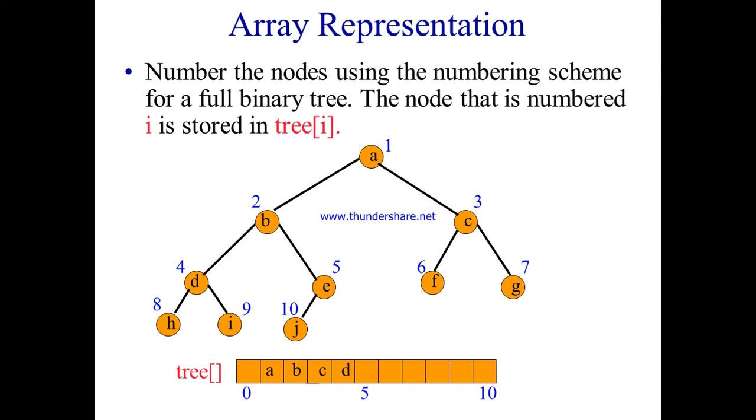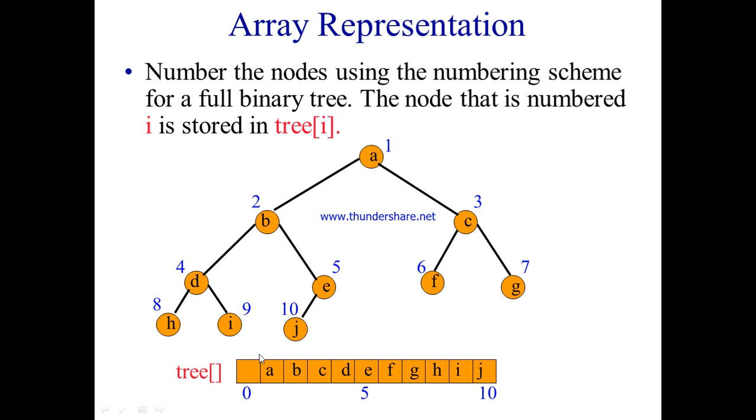Then D, fourth position. Fifth position is E, then F, then G, then H, then I, then J. So like this we can represent an array format of binary tree, where we are starting with what? The node numbers. Okay, so the node numbers we are going to take as the indexes, right?